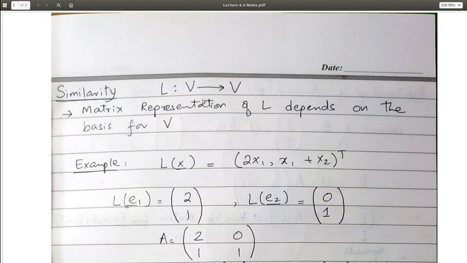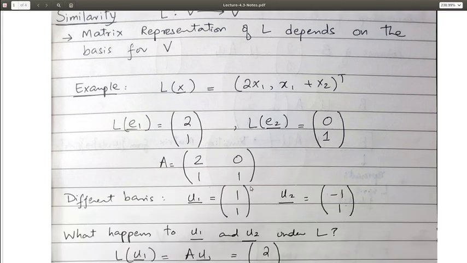We're not talking about V to W. It's starting from the same space and it's giving vectors in the same space. Okay. So what's the idea? Let's take an example and see if it gives us any hints as to what to do in general vector spaces. And so let's consider this example.